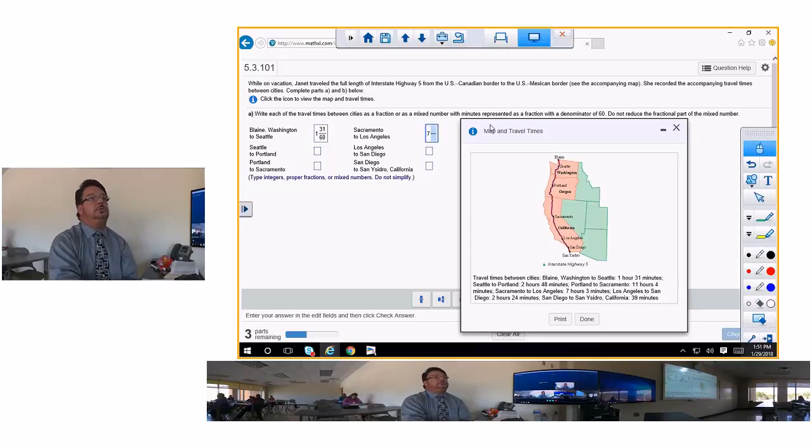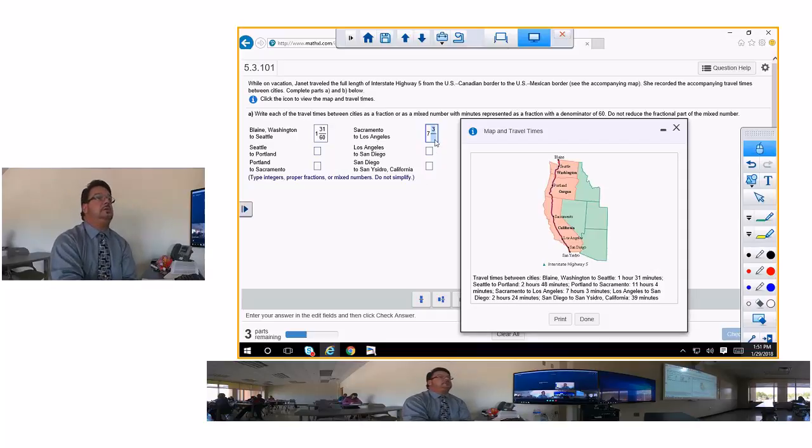Wait, it says do not reduce the fractional part of this number. 7 hours, 3 minutes. That's 3/60, which is what? 1/20? Or am I doing something wrong? What'd you say? I'm sorry. It says do not reduce the fractional part. Oh, it does. Okay, I didn't see that. Oh, there it is. Thank you. So that's 3 over what? 60.